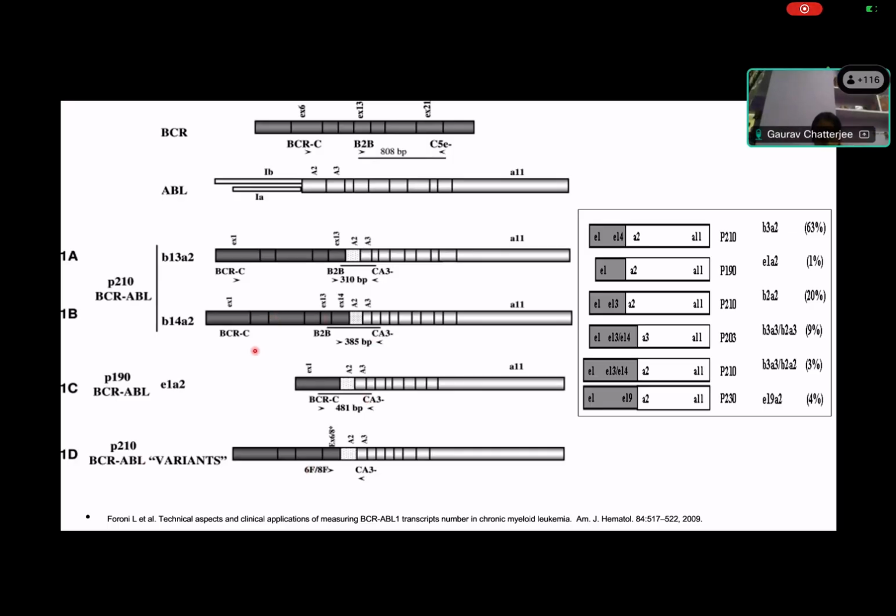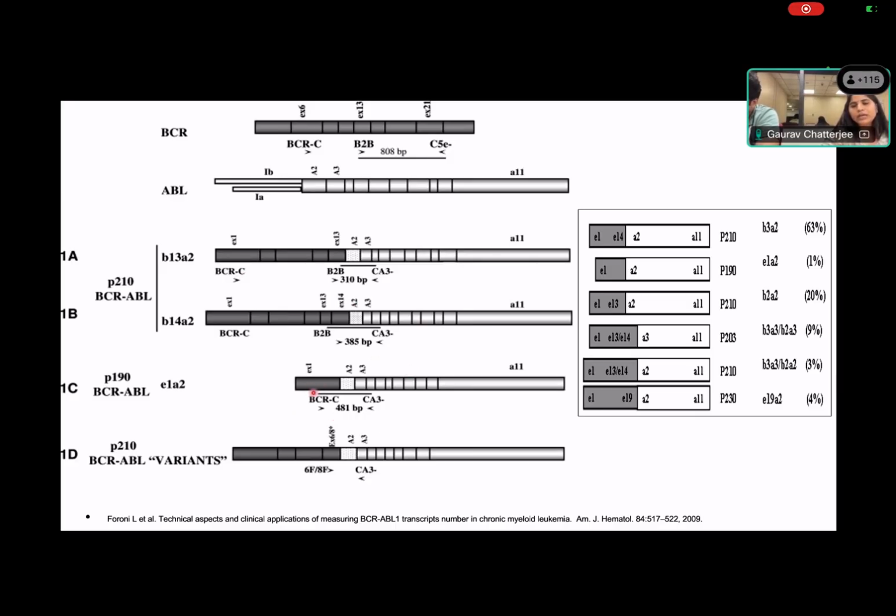But in real-time PCR, where you want to quantify, you will be able to amplify only one small area. So for real-time PCR, the major transcript, that is E13A2 and E14A2, is different compared to what is there for E1A2, that is P190 transcript.